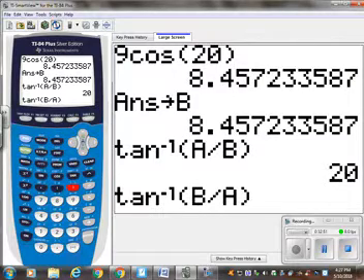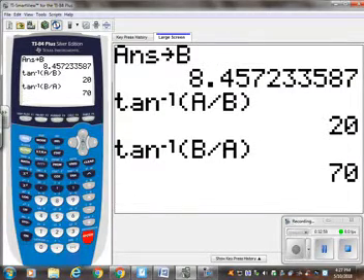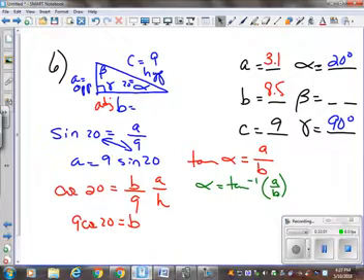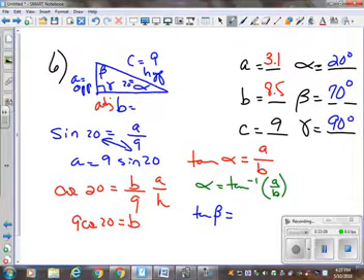So when you do sine and cosine, the fraction doesn't change, the word changes. But when you do tangent, you flip the fraction. And that tells me that the other one is 70. And now I know for sure that I've got that right, because tangent of beta is equal to B over A.